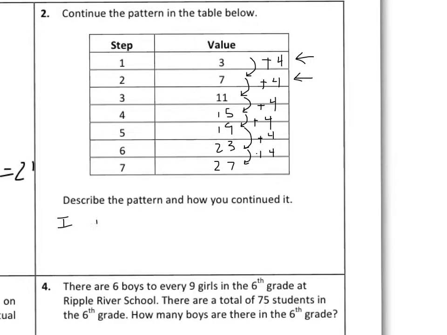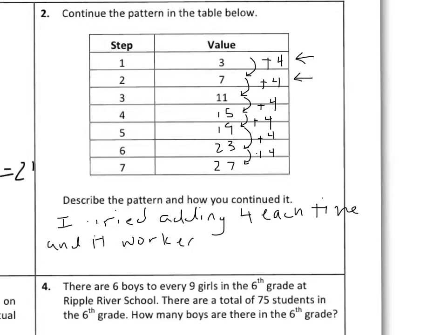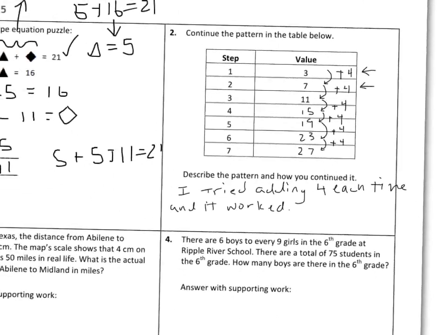I'm going to say I tried adding 4 each time, and it worked. So that's pretty much what we did. We tried it and it worked, and so that's what we think the pattern is. Just adding 4 each time.